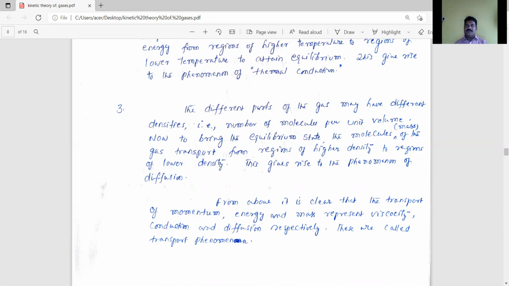These are called transport phenomena. So all these may happen only whenever the system is in non-thermal equilibrium.